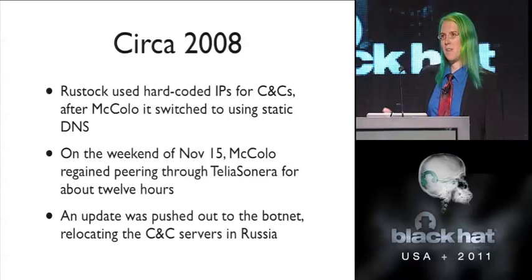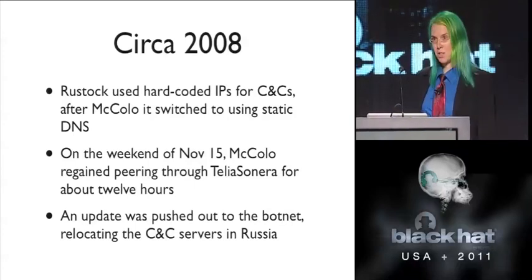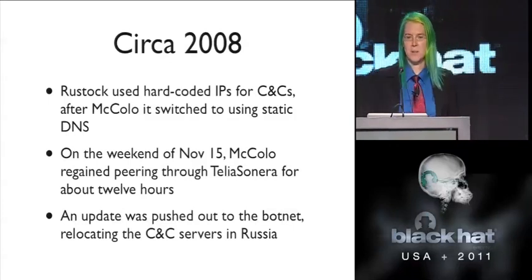So the people operating Rustock took the opportunity to quickly push out an update to all of the bots that still connected to the IP range, to point them to a new server in Russia.